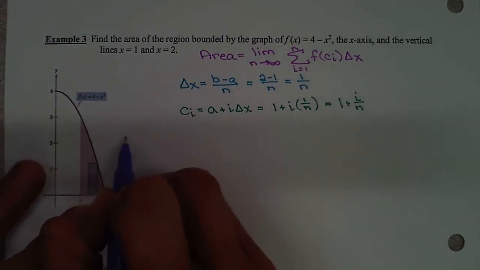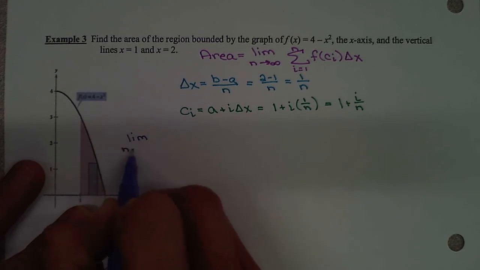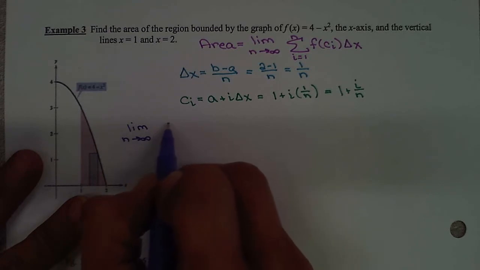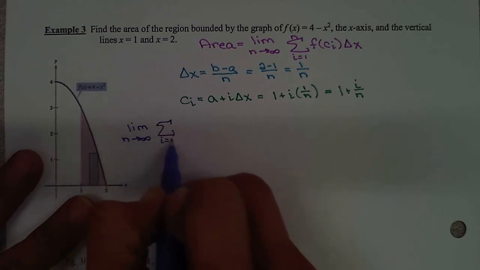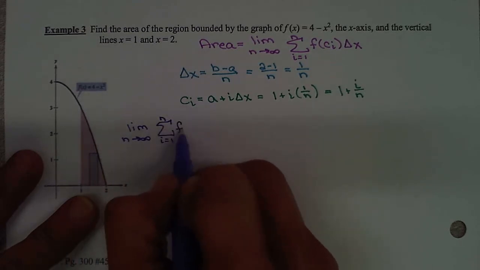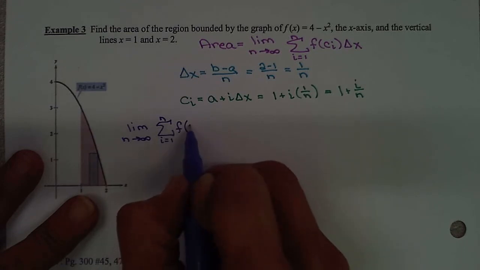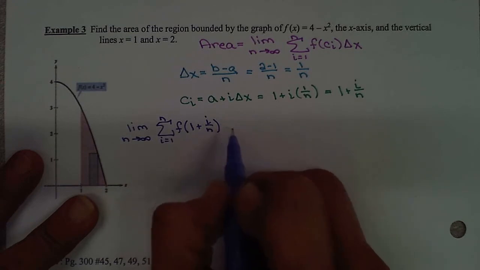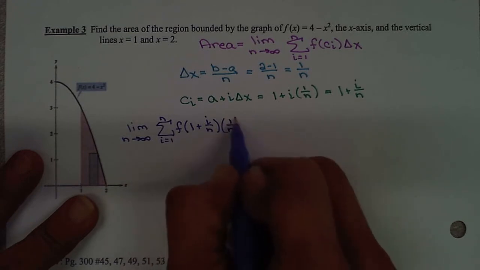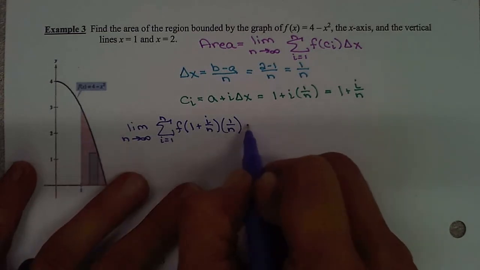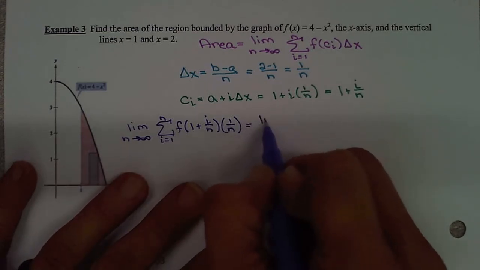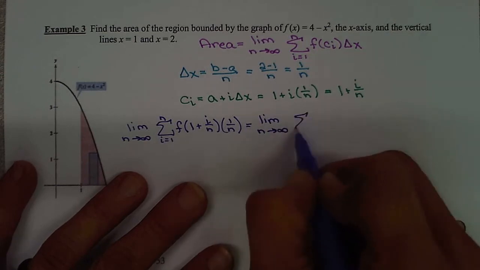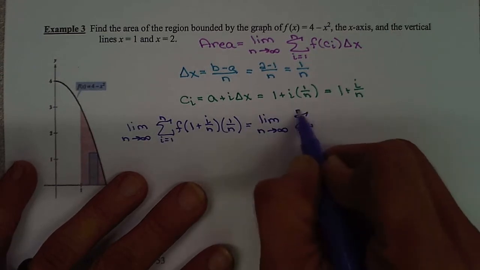So this is going to be the limit as n goes to infinity of the summation from i equals 1 to n of f evaluated at c sub i, which is 1 plus i over n, times delta x, which is a 1 over n, which is equal to the limit as n goes to infinity of the summation from i equals 1 to n.